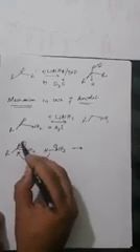Now I will just write lithium aluminium hydride like this. In the first step, it reacts over here. Hydride as a nucleophile attacks this carbon, and the pi electrons move onto this oxygen.